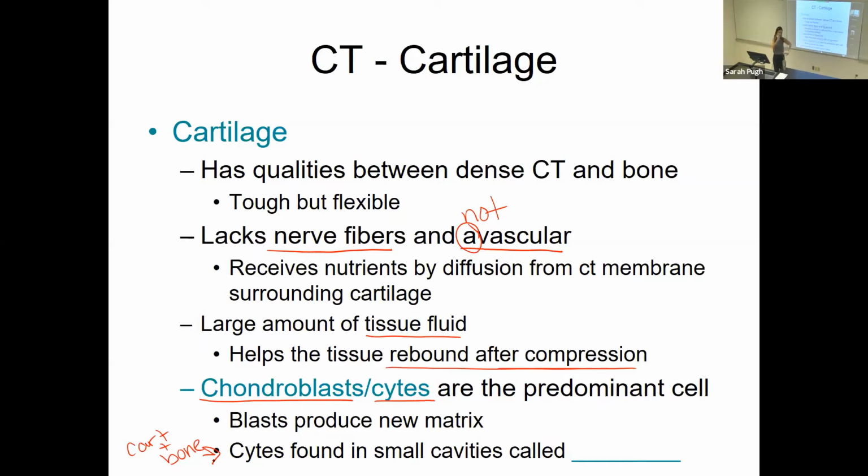And as it makes the cartilage, it kind of puts it all around itself. And then it is stuck in a hole. It's kind of like if you mop your floor, sometimes you mop yourself into the corner and you're like, well, crap, now I'm stuck. So chondroblasts can create cartilage all the way around themselves, and then they're stuck in a hole. And that hole is called a lacuna.